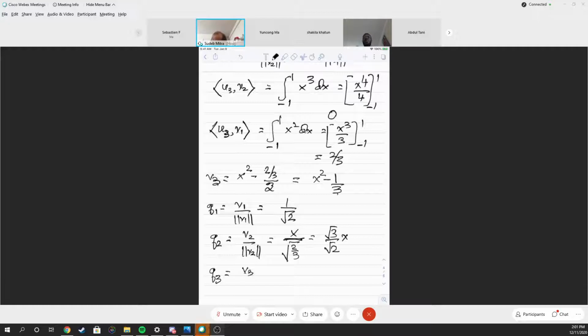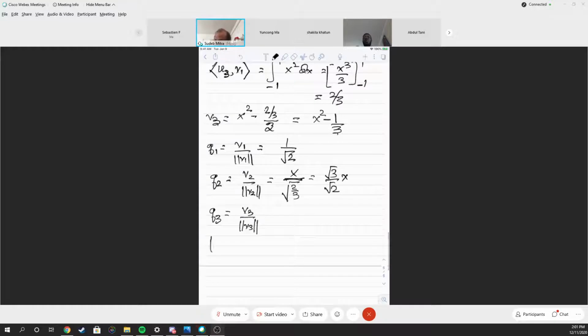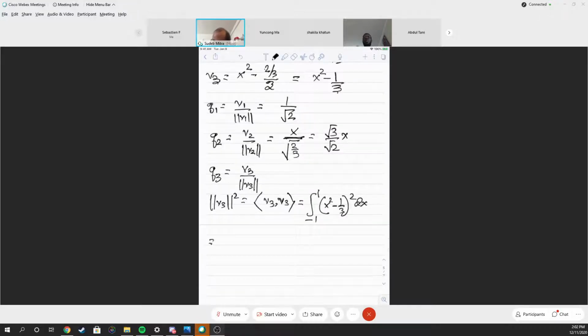And q3, but that needs a little work. It is v3 upon norm of v3. We still haven't done norm of v3. So norm of v3 squared is the inner product of v3, v3. That is the integral from minus 1 to 1 of x squared minus 1/3 times x squared minus 1/3 dx. So that is the integral of x to the 4 minus 2x squared upon 3 plus 1 upon 9 dx.